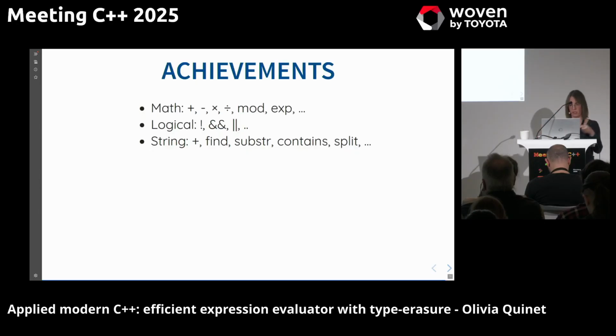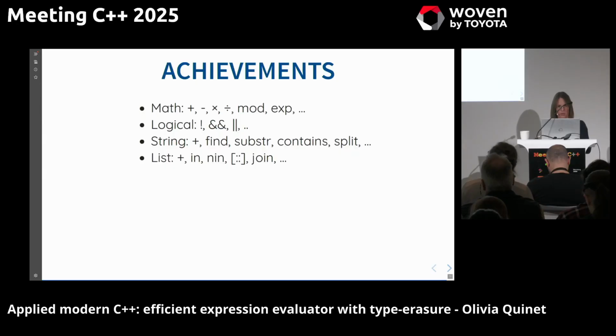We can split a string into a list and other types, convert string to date, and back and forth. We support list operations, so concatenate lists, check if an element is inside the list or not inside the list, take some elements or slices. We can join a string list into a string. We manipulate date and time.